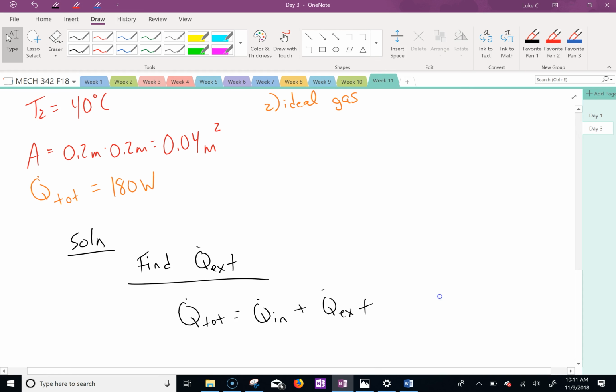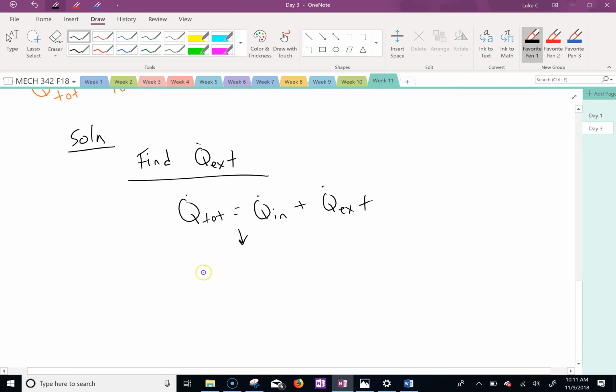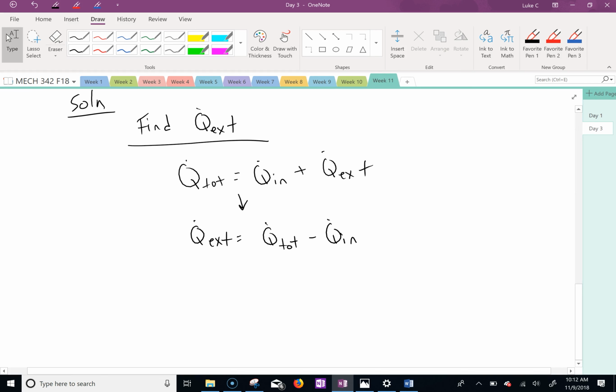So we're looking for Q dot exit, which is the Q dot total, which we have, subtract Q dot in. And then how do you think we find Q dot in? We use the first law.